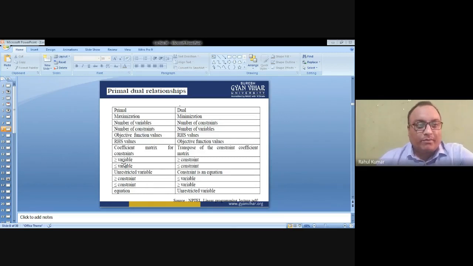If it is the same problem, then here is just the opposite. Or unrestricted variables, here the constraint is an equation. Here greater than or equal to constant and less than or equal to constant. This is the equation and unrestricted variable. This source I have taken from the NPTEL learning program and source PDF, right?